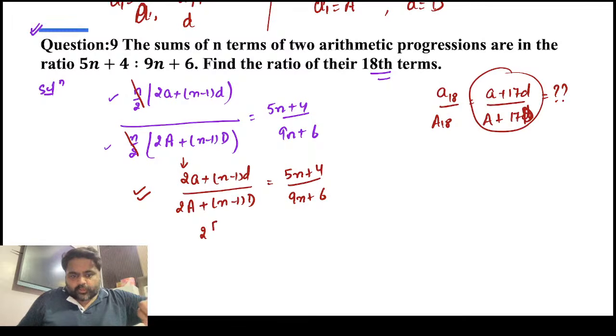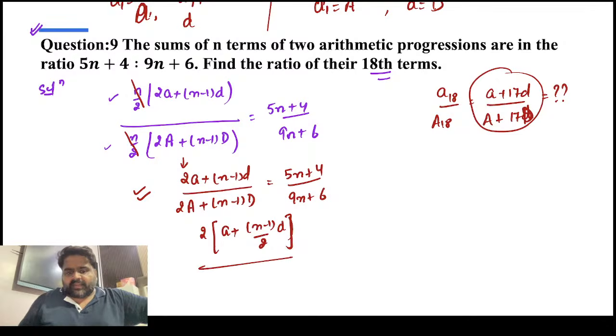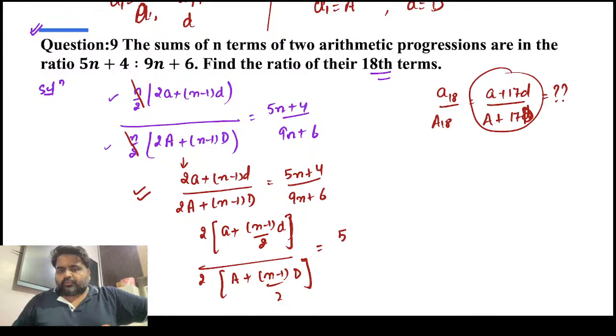Now by taking 2 as common, here we will get a plus n minus 1 by 2 into d, divided by A plus n minus 1 by 2 into D, is equal to 5n plus 4 upon 9n plus 6, right?